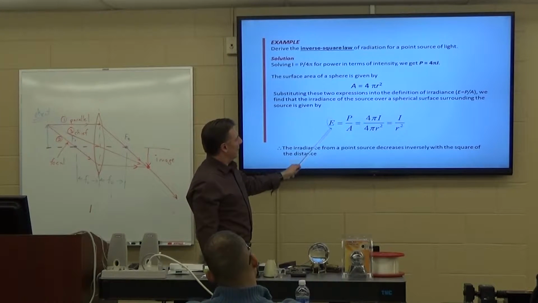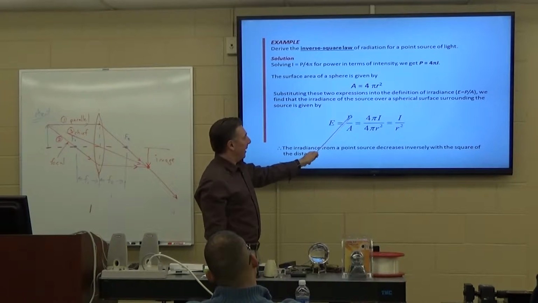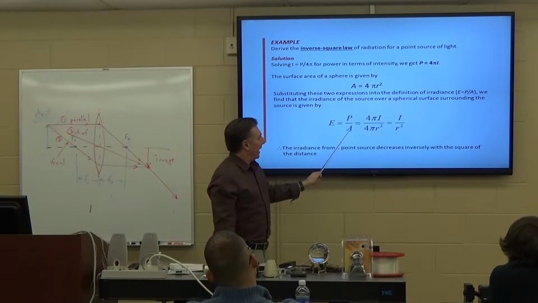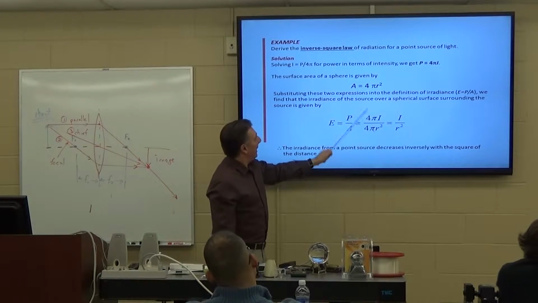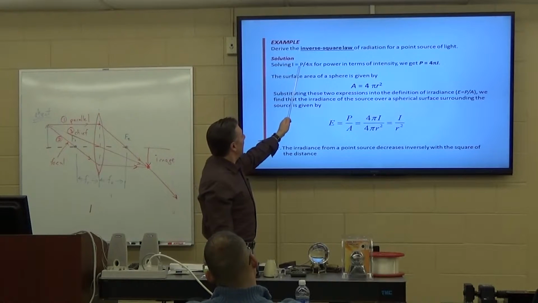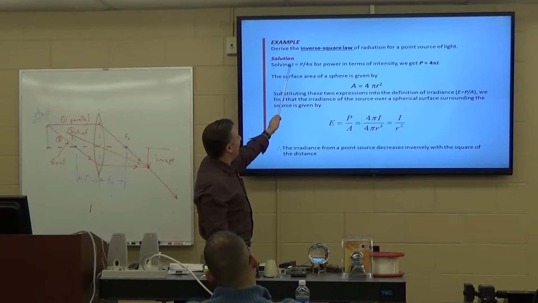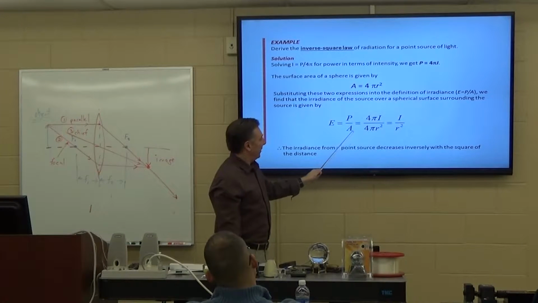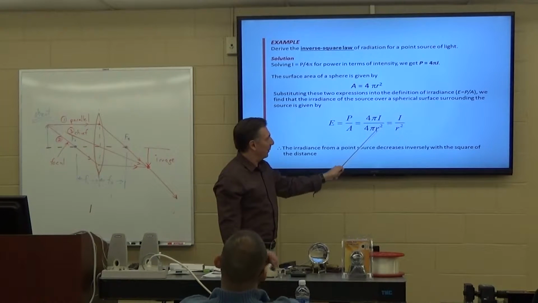And for some reason here we're using E for irradiance, but irradiance is power divided by area. If we plug our area in here, which is 4 pi r squared, and we solve this equation for power, multiply both sides by 4 pi, power is equal to the intensity times 4 pi. So we have 4 pi times the intensity divided by 4 pi r squared, which is the area.